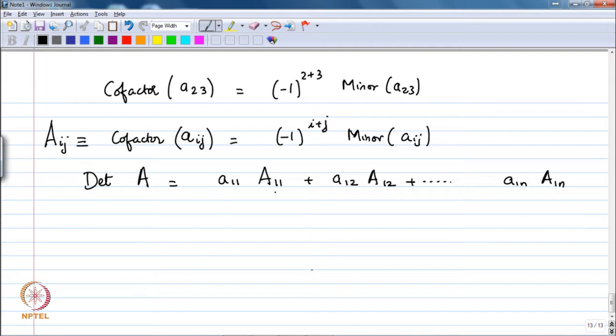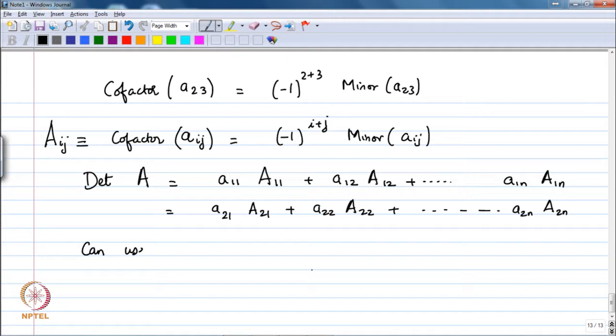So I just take the elements of the first row, multiply them by their cofactors and add all of them, and I will get the determinant of A. I can similarly use some other row, let us say A21 times the cofactor of A21 plus A22 times the cofactor of A22 plus all the way up to A2n times the cofactor of A2n, or I can use any column.